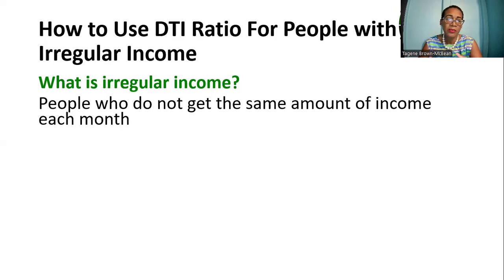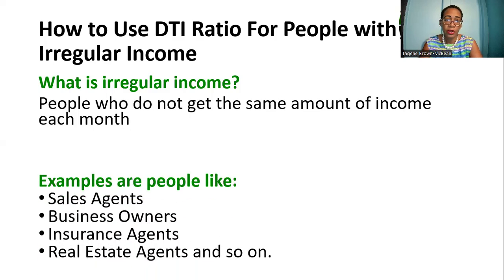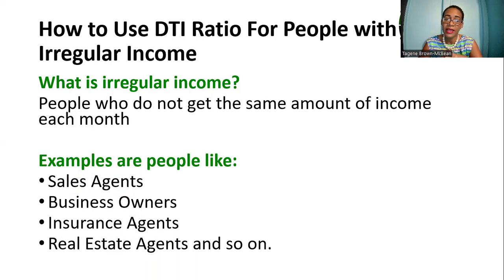So this means people who do not get the same amount of income each month or each week or each fortnight, right? How you do the calculation? So examples of these people are sales agents, business owners, insurance agents, real estate agents, and so on. You get the point, right?